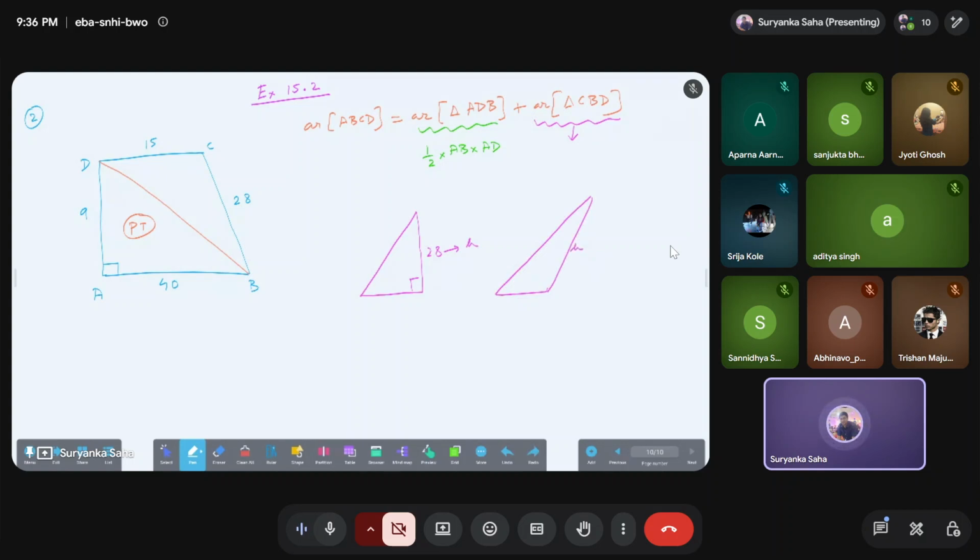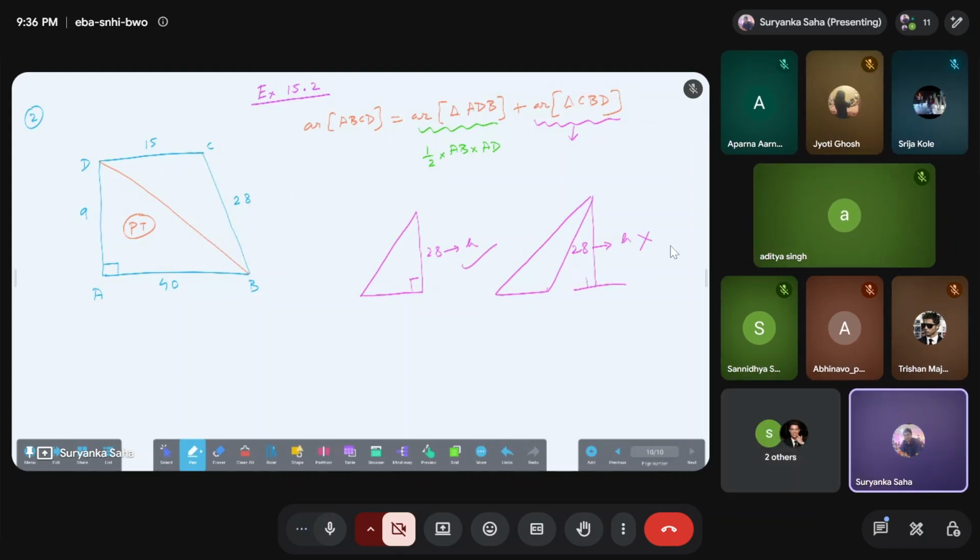Suppose this is 28 or any other value, then this cannot be taken as the height. This can be taken as the height, okay? Because height should always be perpendicular to the base. Understood? You should remember this. So in the half into base into height formula, this should be perpendicular. Is it okay? Everyone should remember this. Good question asked, and I think you will remember this in future.